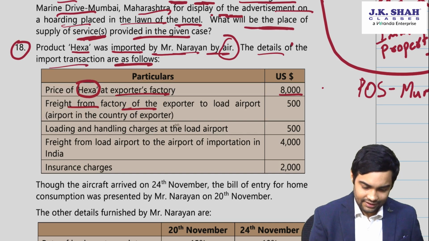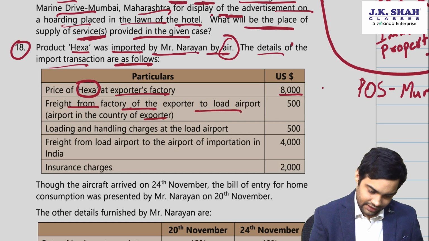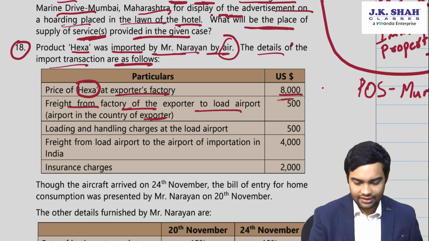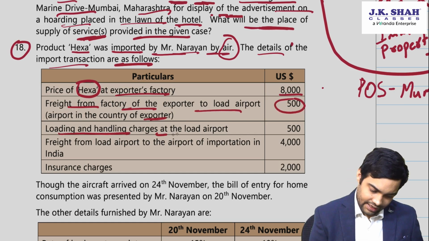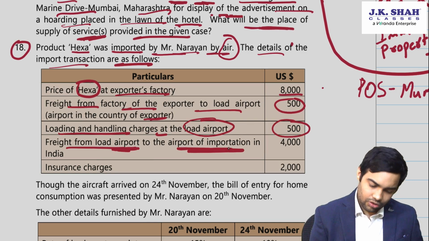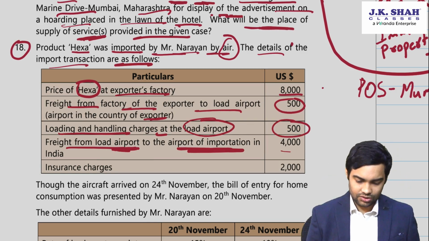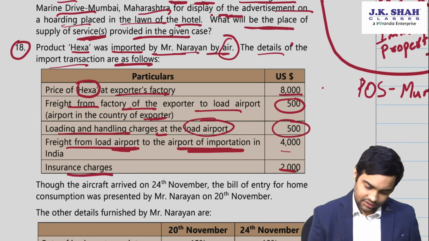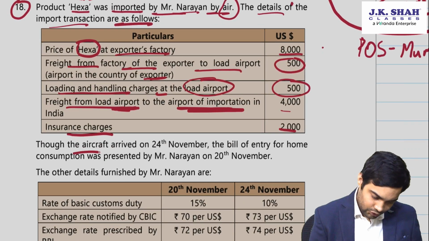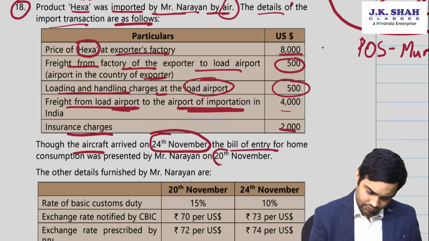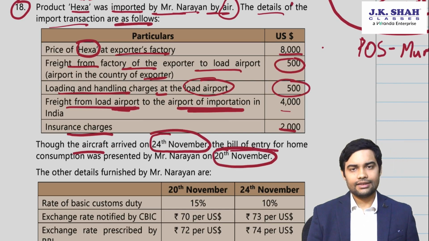Freight from factory of the exporter to load airport, that is airport of the exporter country 500. Loading and handling charges at the load airport 500. Freight from load airport to airport of importation, that is outside India to India 4,000. Insurance charges 2,000. Though the aircraft arrived on 24th November, bill of entry was filed on 20th November.